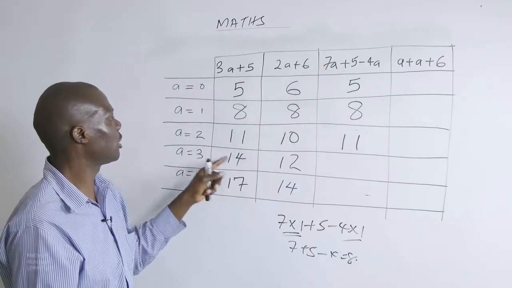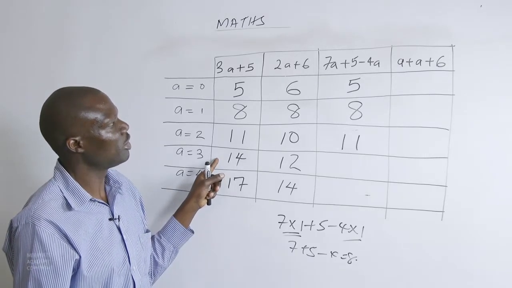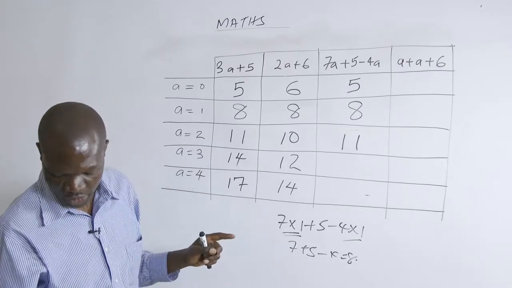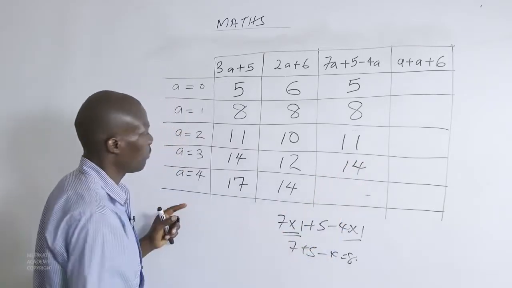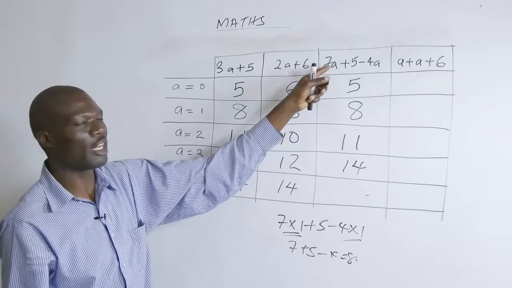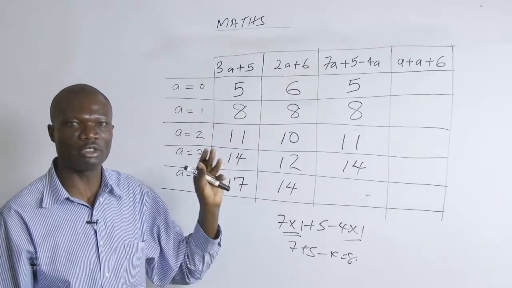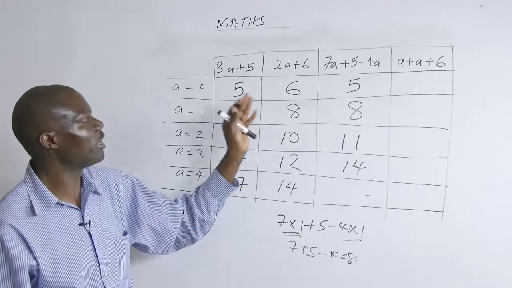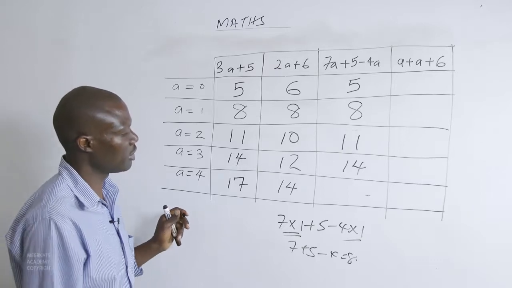Then 26 minus 12, you will remain with 14. And for the last one, it is 4 times 7, which is 28, plus 5, giving us 33. Then 33 minus 16, which is going to give us 17.